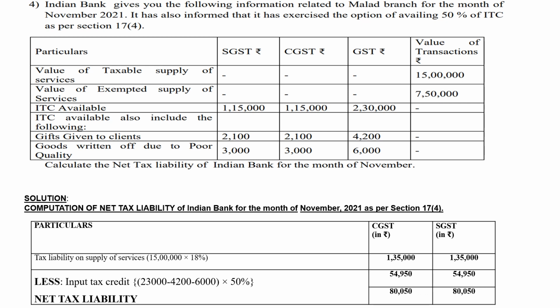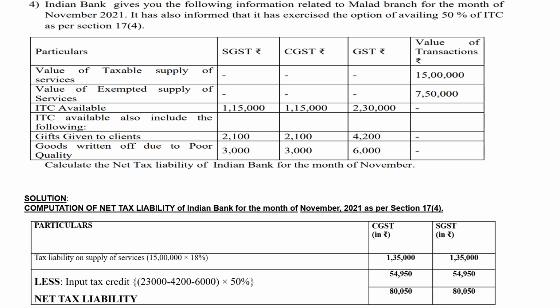So we will less input credit, that is 2,30,000 minus 4,200 minus 6,000. Here you will get your amount, and then you have to take 50% of it, and half will go in CGST and half will go in SGST. If you do the calculation, your answer will be 54,950.